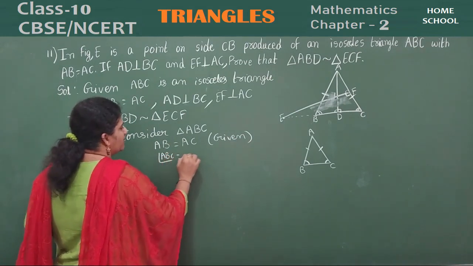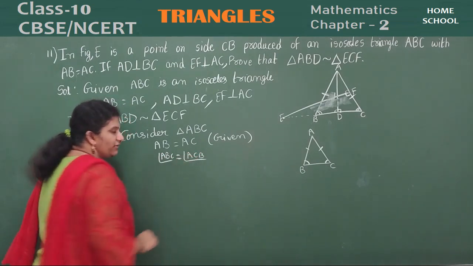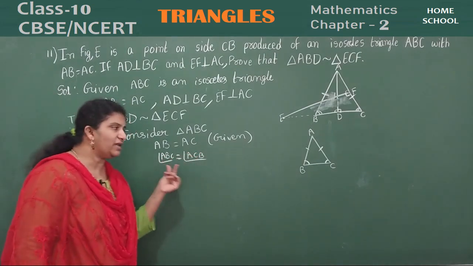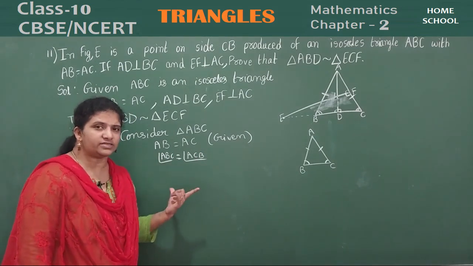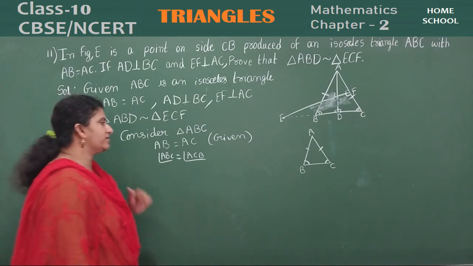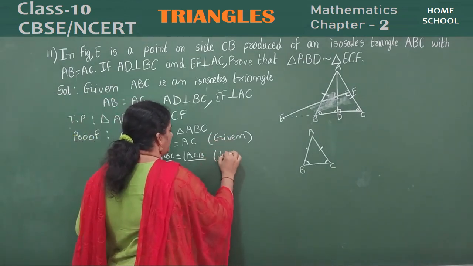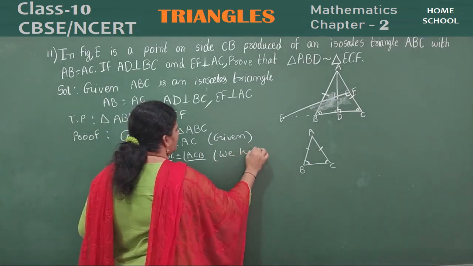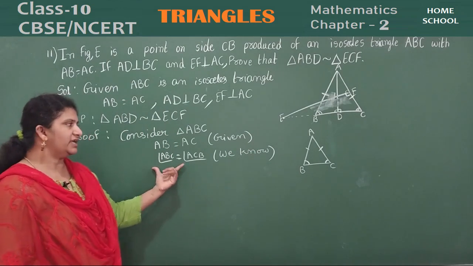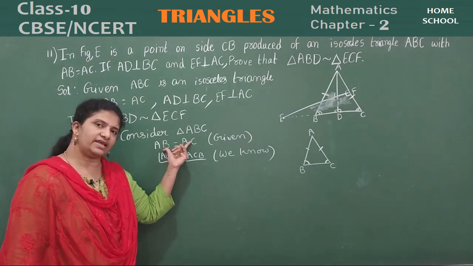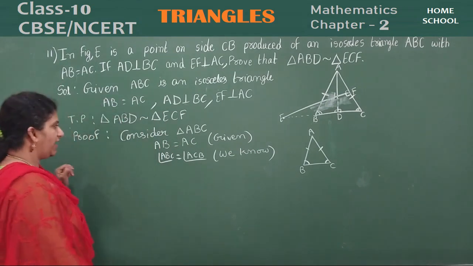Angle ABC is equal to angle ACB. You can also just write angle B equal to angle C, but always in exam, shortcuts are not good. So do it like this only. We know, given, and how have we written this statement, children? If their sides are equal, their opposite angles are equal. We know that.